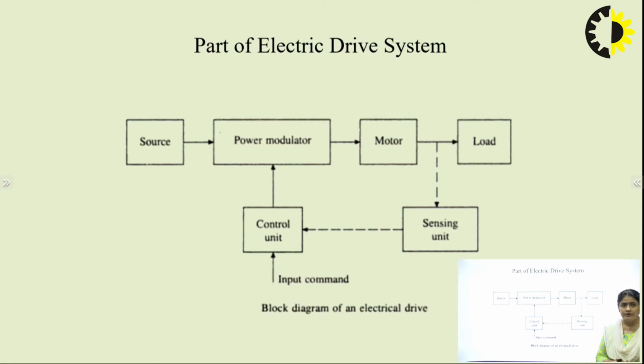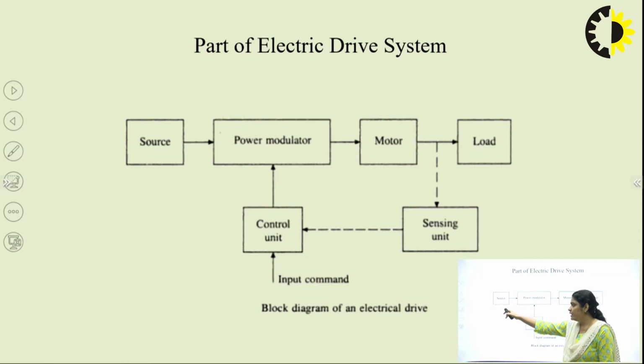These are the parts of the electric drive system. As we have seen, this is the source, the power modulator, motor, load, sensing unit, and the control unit. As you see, this is a closed loop system. The main part of the system is the power modulator. The source could be anything, an AC source or a DC source, depending upon the availability of the source.